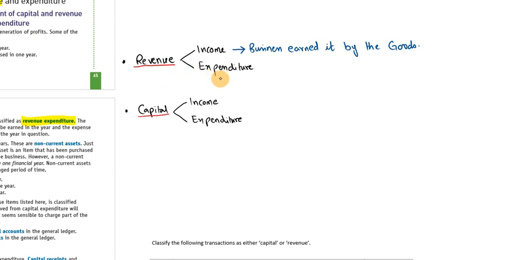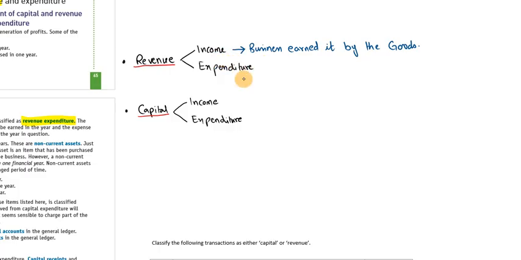And what is revenue expenditure? Revenue expenditure is any expenditure made for day-to-day expenses, or incurred for the sale of goods and for the purchase of goods.